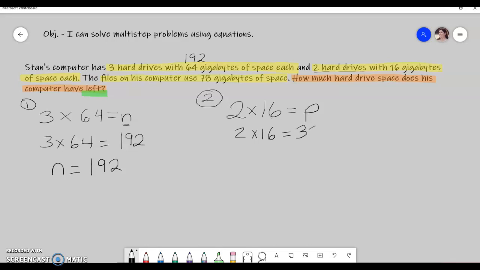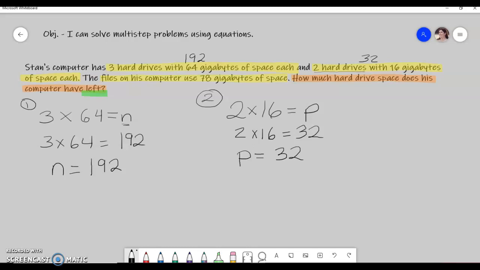Right, it is 32. So that means our letter P equals 32. So I'm going to write 32 above my information. Okay. Now, the next thing. We know that the files on his computer use 78 gigabytes of space.